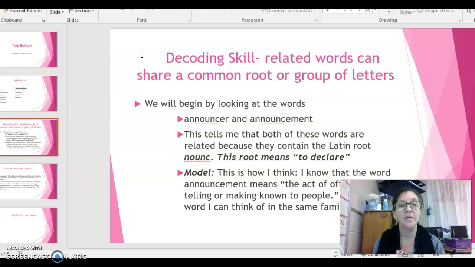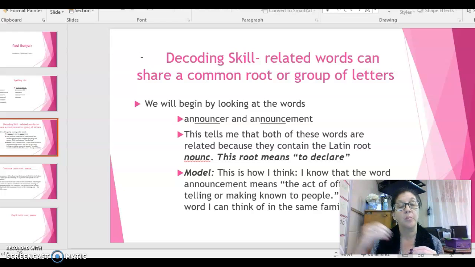Now remember, I have been talking so much with you lately about how it is important that we are able to take words that are unfamiliar to us as we read and pick them apart so that we can identify what they mean. We call those our decoding skills.